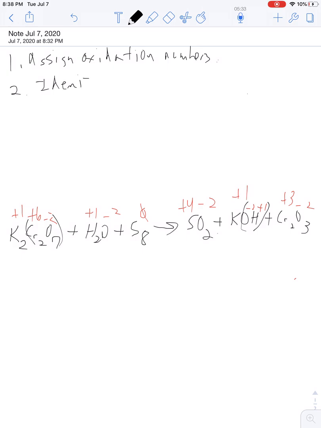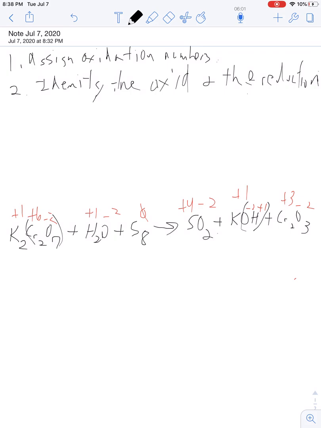So identify the oxidation and the reduction. Okay? There always must be at least one oxidation and one reduction.